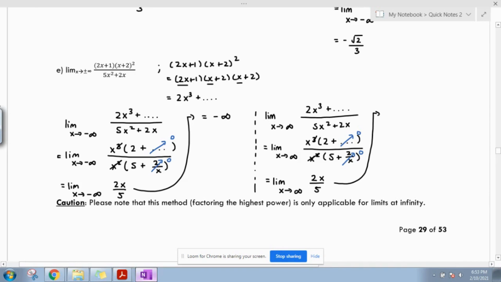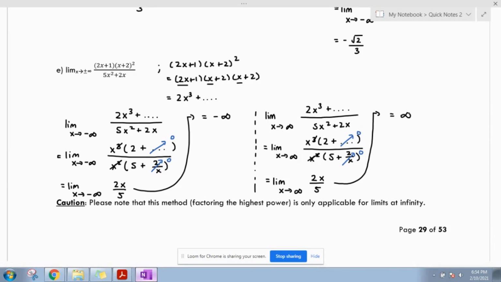If you plugged in a super large number, say 1,000,000, 1 billion, into x and you did 2 over 5 times that big number, you're still going to get a positive big number. So in this case, it goes to positive infinity. So the limit as x approaches infinity for our function is positive infinity now.